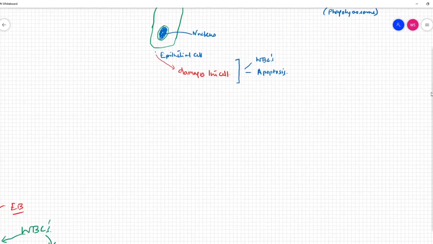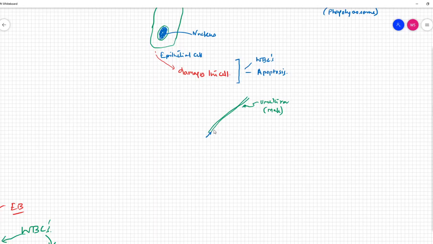Imagine this is the urinary tract. Imagine that is the urethra of the male, because it's quite long. And imagine this organism gets, let's use a different color. The organism gets in there, and then it attaches and damages the epithelial cell.